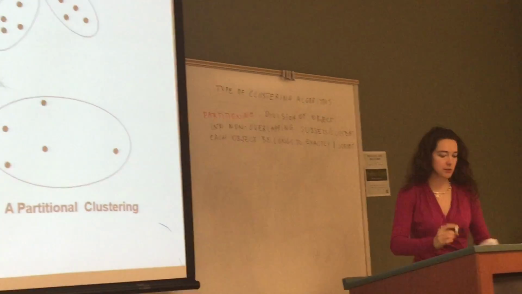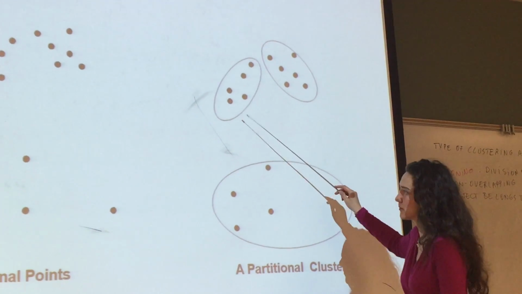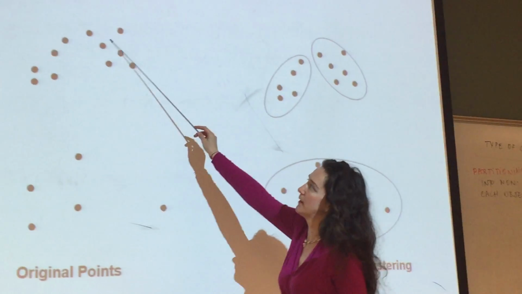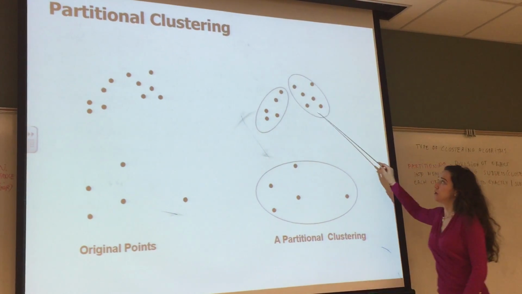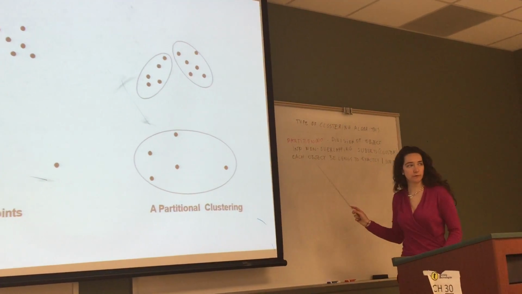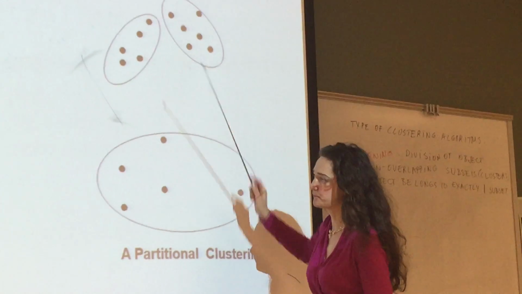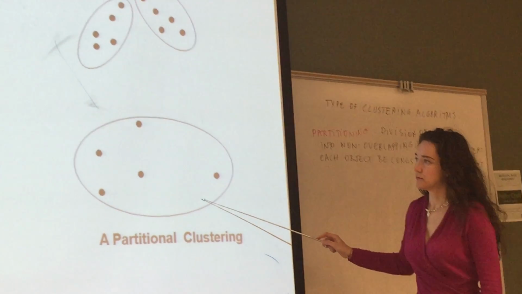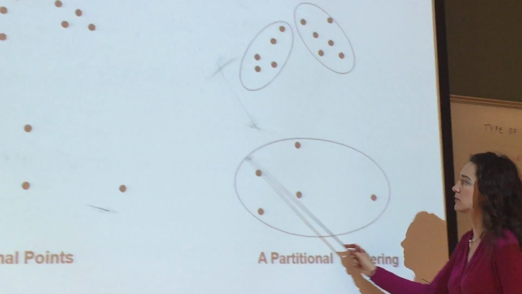So partitioning clustering basically partitions the space into pieces or clusters. These objects right here could be separated into two clusters that are non-overlapping. And if they're non-overlapping, each point belongs to precisely one cluster. These objects were combined all together into one cluster.